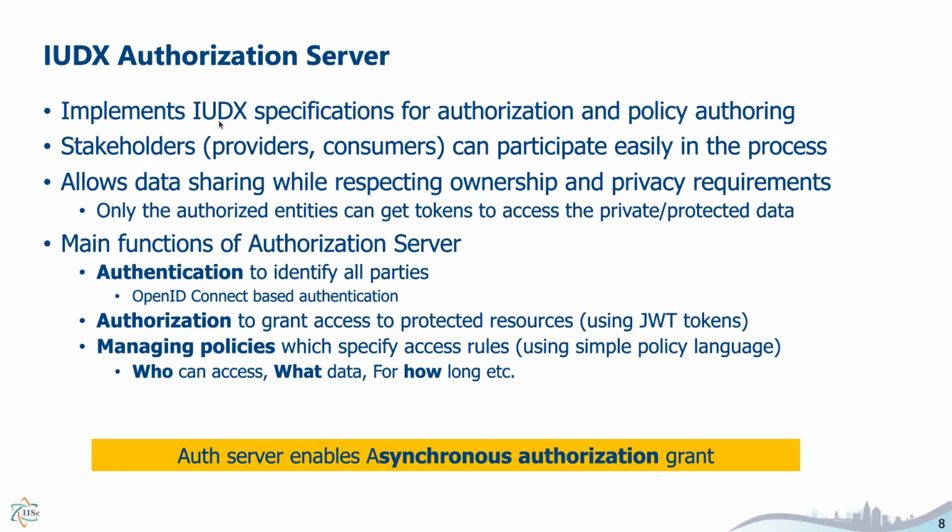An optional token introspection point is also provided with the authorization server to validate the tokens. Finally, managing of policies which specify rules using simple policy languages: who can access what data and for how long, etc. In summary, the Auth server enables asynchronous authorization grant.